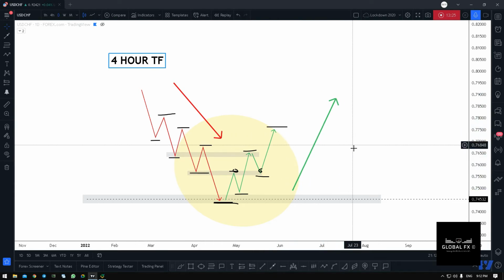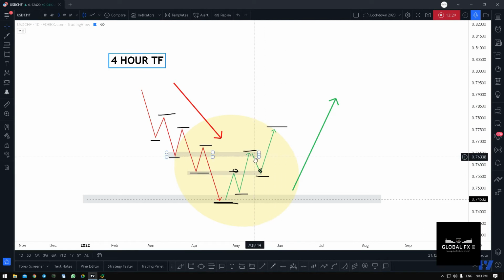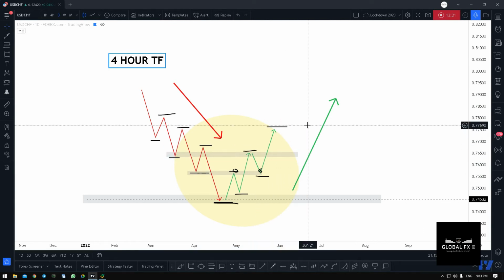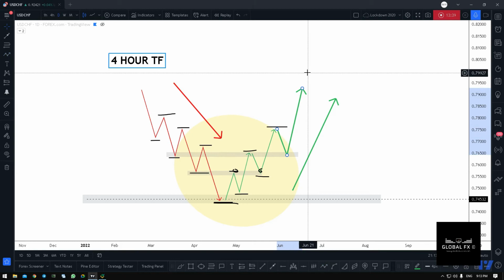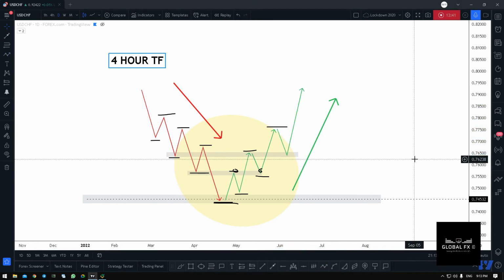For me, on a 4-hour time frame, if the market is doing this type of move, it is not 100%, but it is 90% true that the market is now starting to reverse and creating this bullish move to the upside, because we want to see the market creating higher highs and higher lows.